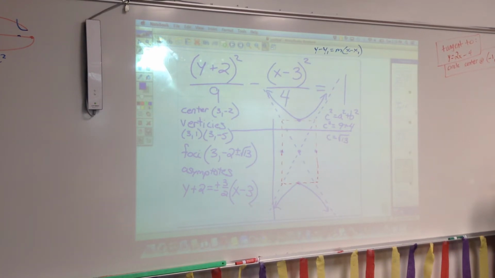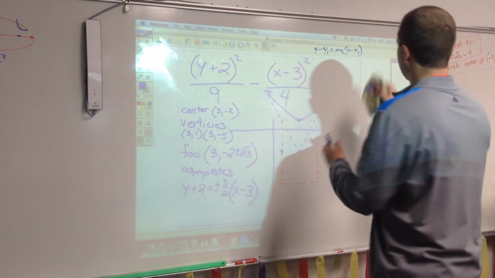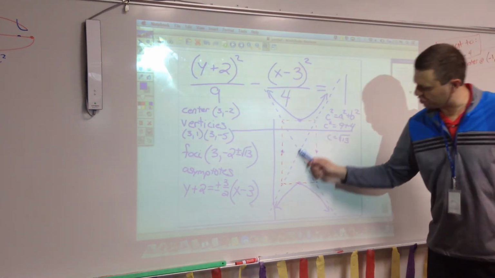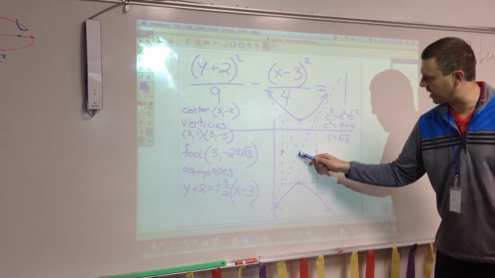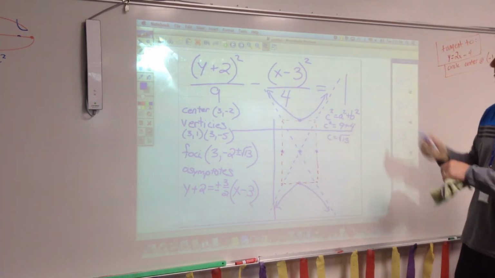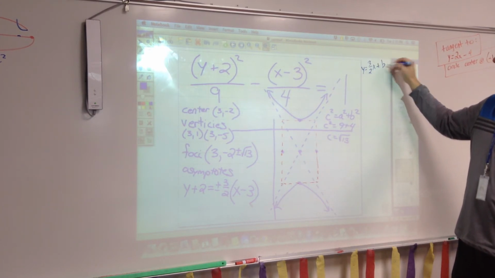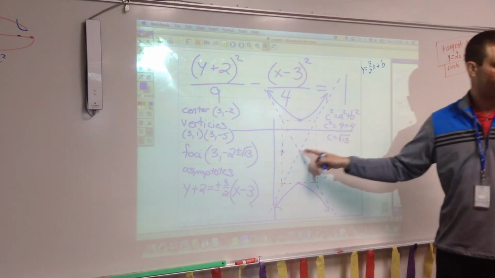If you do not like point slope form, that is fine. You can do slope intercept. You're just going to have to do a little bit extra work. Okay? If I was going to write the equation of this one right here, I can tell you that it has a slope of 3/2. So then you guys would write y equals 3/2 x plus b. You know it passes through the point 3, negative 2.